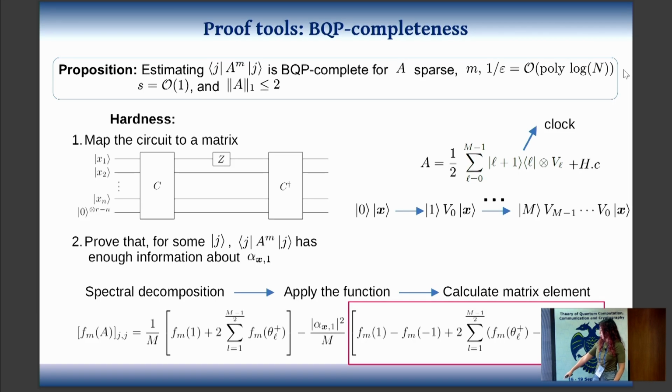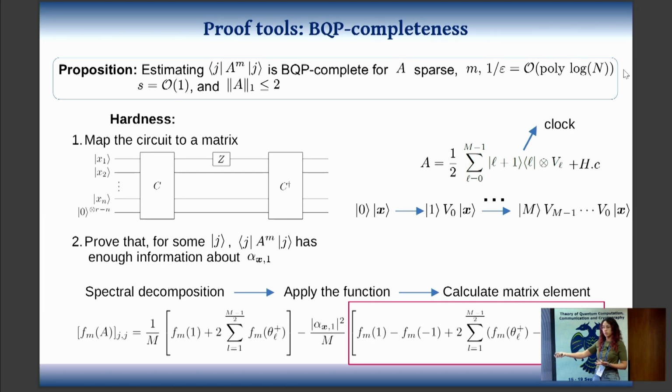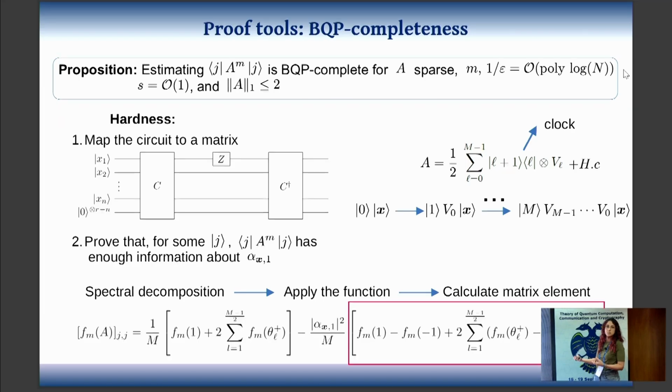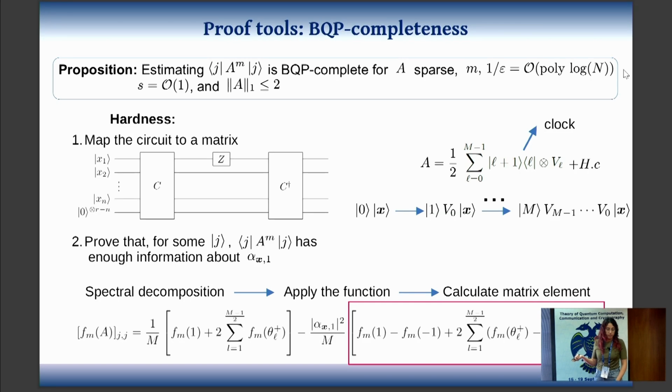But maybe this information is just too small to detect when we estimate this matrix element. It could be the case that this part that depends on the function is either 0 or too small, smaller than your precision, such that you cannot tell what the value of alpha is when you estimate the matrix element.